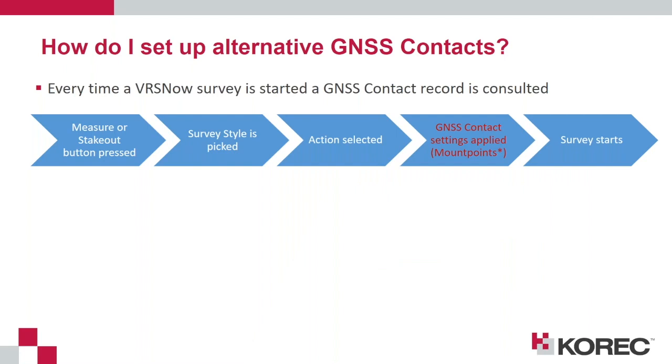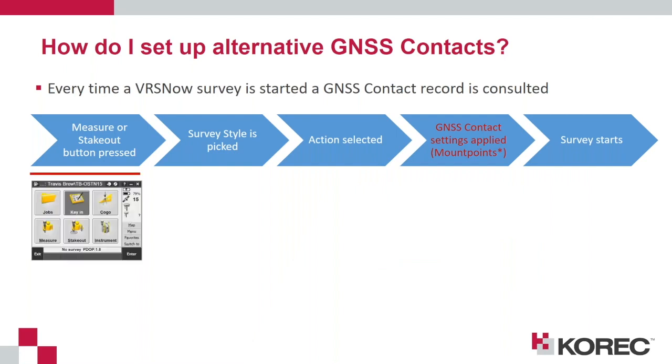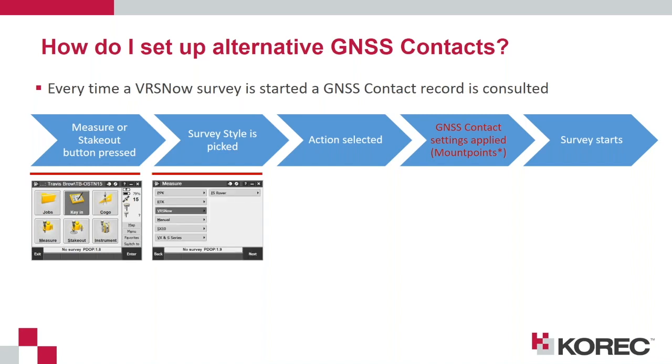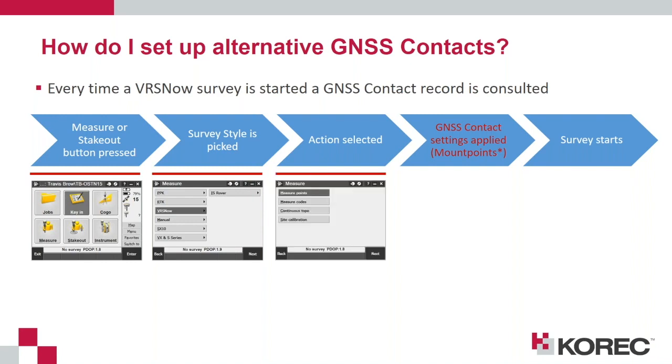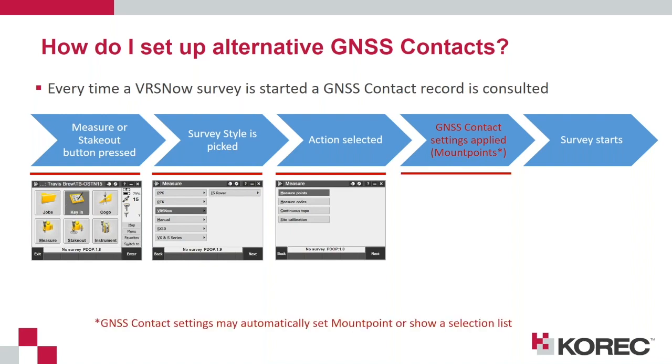So once you've got a job created in Trimble Access, you're going to hit your Measure or Stakeout button, and from there, pick your VRS survey style. Following that, depending on which button you've pressed, you're going to select an action like stakeout point or line, measure a point, etc. And once that's picked, the GNSS contact settings are going to be applied.